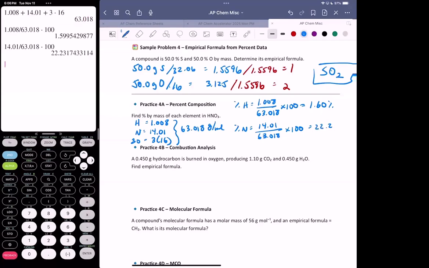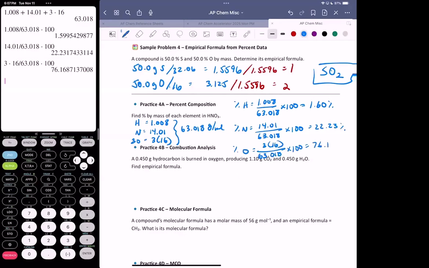And the percent oxygen is 3 times 16 over the molar mass, which is 76.17.